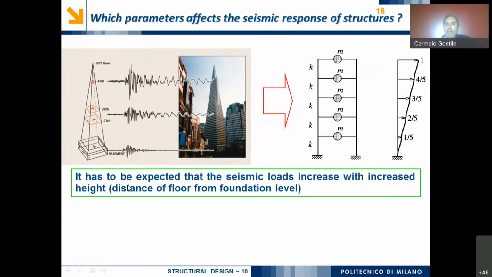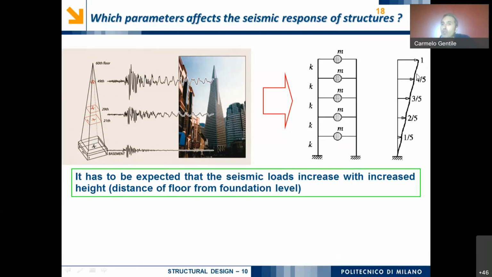So what we expect is that the seismic loads increase with increased height, or increased distance of the actual floor from the foundation level. Okay, perfect.